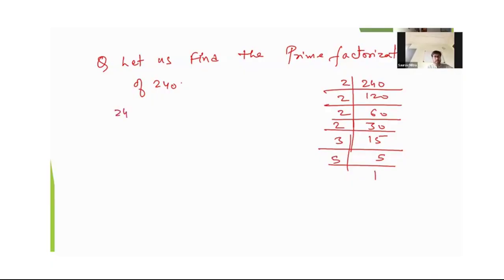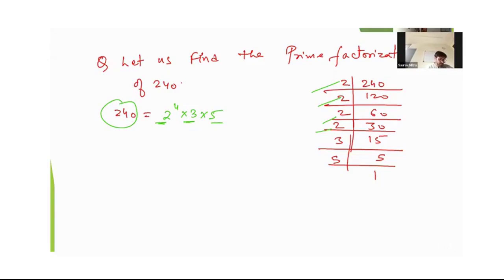So 240 can be written as 2 to the power 4 into 3 into 5. This is your composite number, expressed as a product of primes with some powers also.